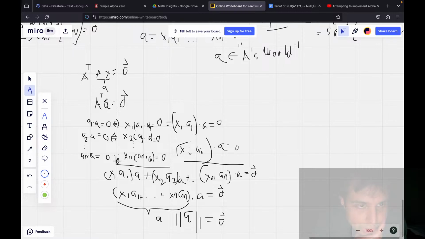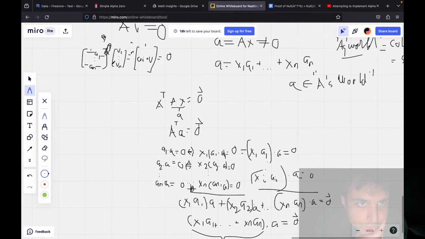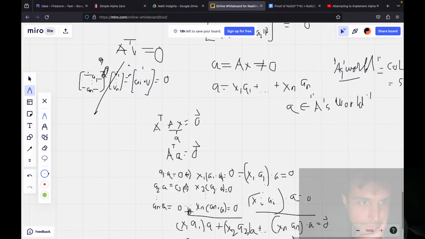So AT applied to a equals 0. But in general, what I was trying to say here is that if we have AT applied to anything, v, some vector, equals 0, that means that v is in A's left null space, or in AT's null space.